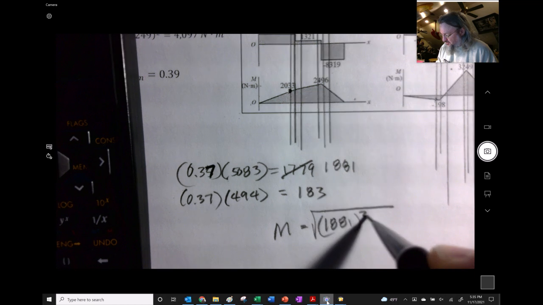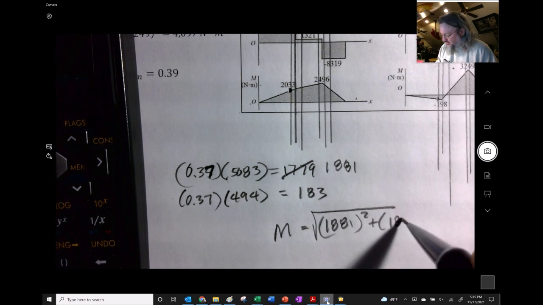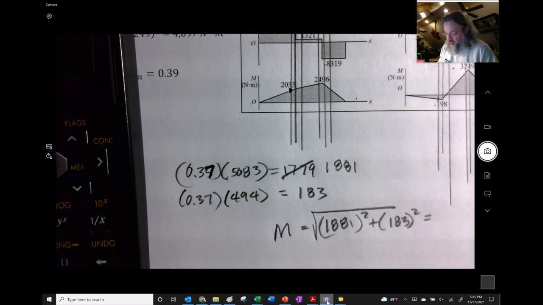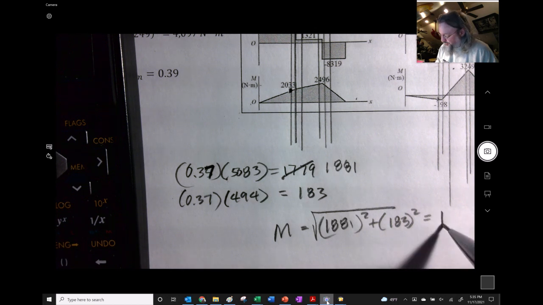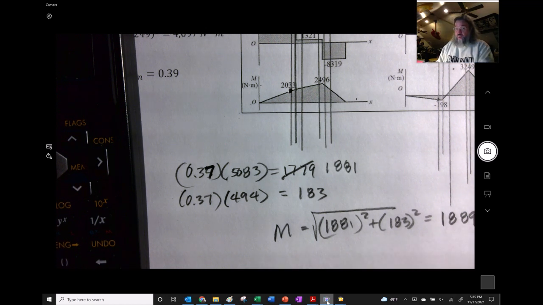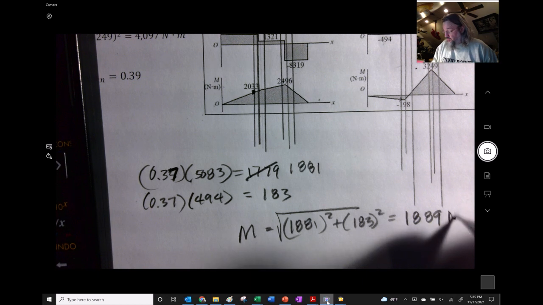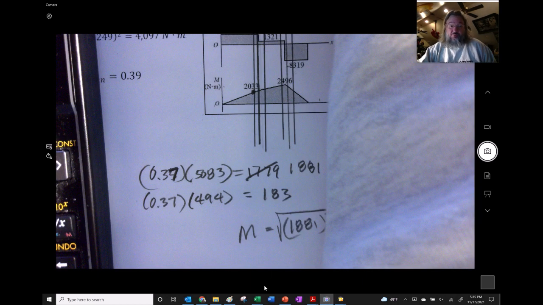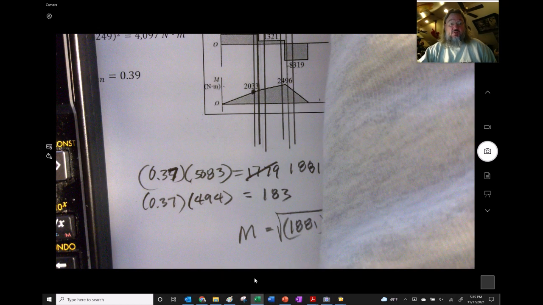That's why I'm saying that this could be done a lot more conveniently by doing it in Excel, right? So we just get 188. Let's call it 1889, right? Newton meters.